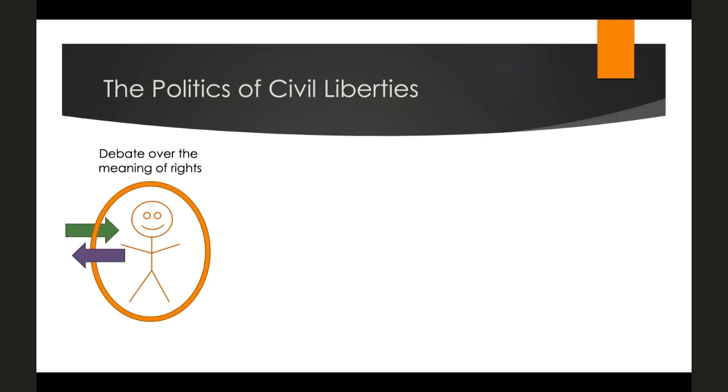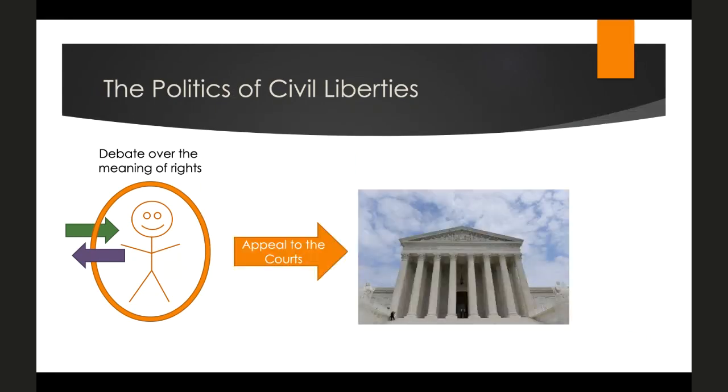And because there's this debate, in a federal system you have different states and jurisdictions testing the waters and testing the boundaries in different ways. Individuals then have to appeal to the courts, and the courts are ultimately where they settle and negotiate these rights claims, right?